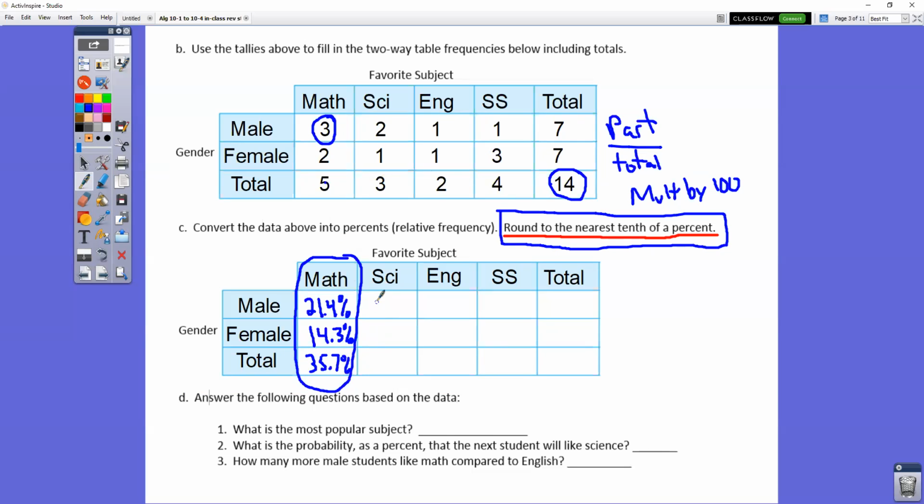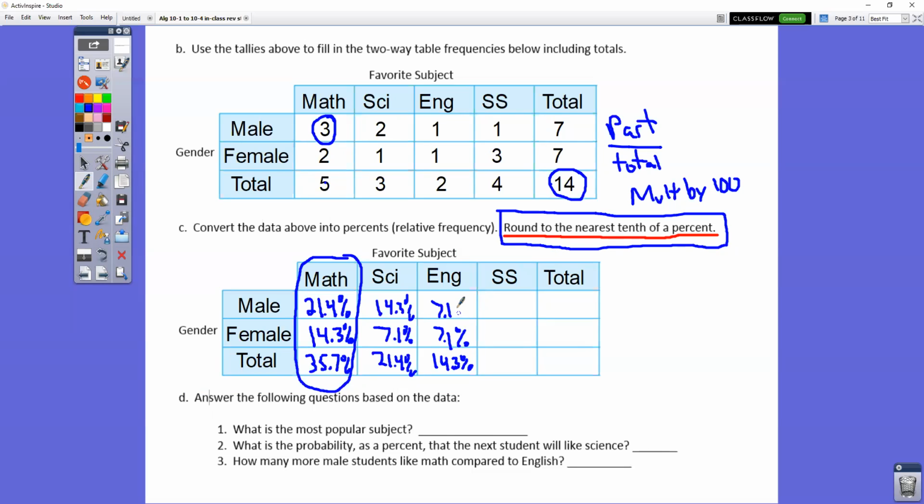For these other ones, we get 14.3%, 7.1%, 21.4, 7.1, 7.1, 14.3.